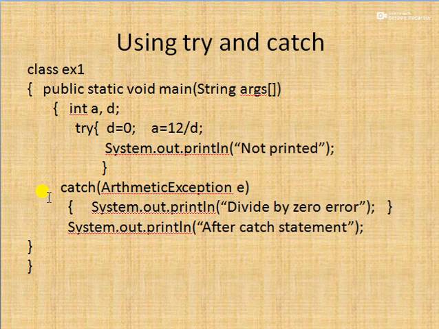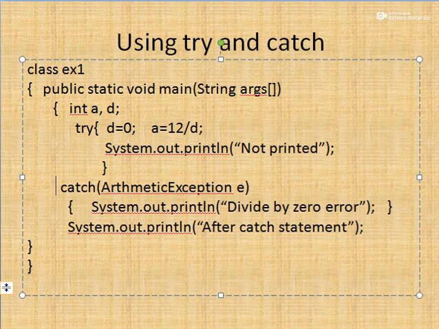After the try, here the catch statement is there. So catch ArithmeticException e. Now I know that whenever I'm dividing any value by 0, it is the arithmetic exception. So here I'll catch the arithmetic exception which is available in the java.lang package.